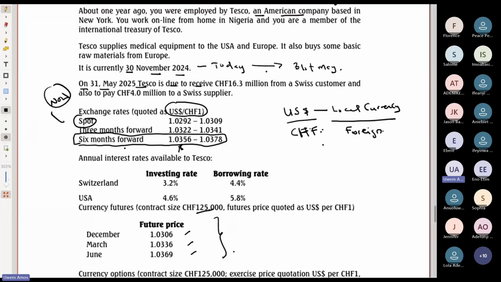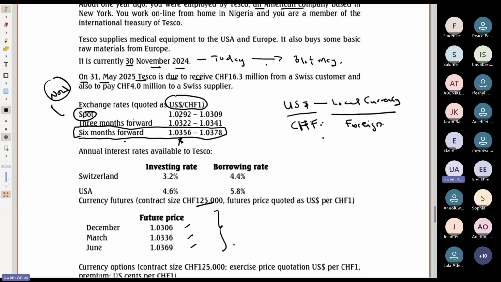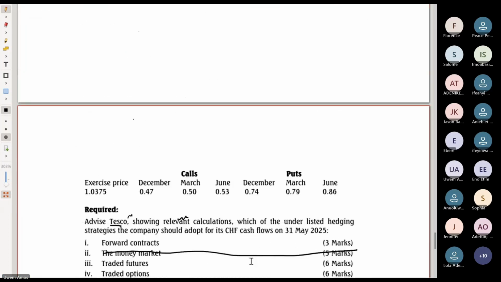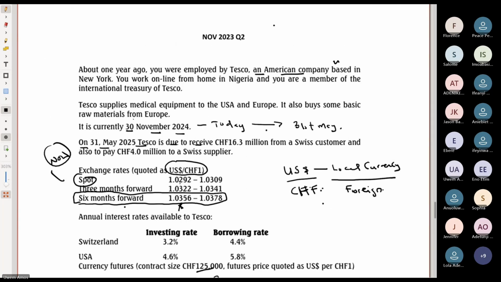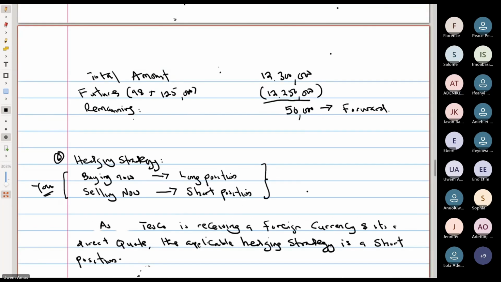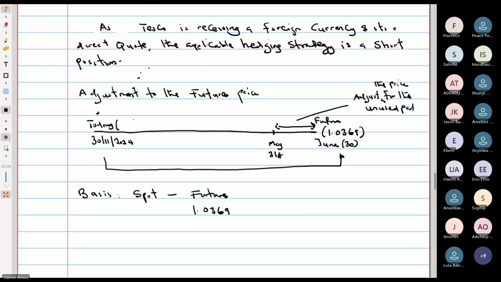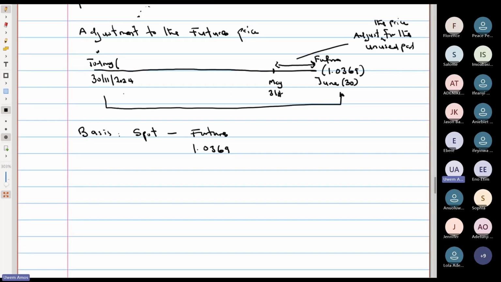So just like we use the lower one here, we're going to use the lower one here. So that's 1.0292.